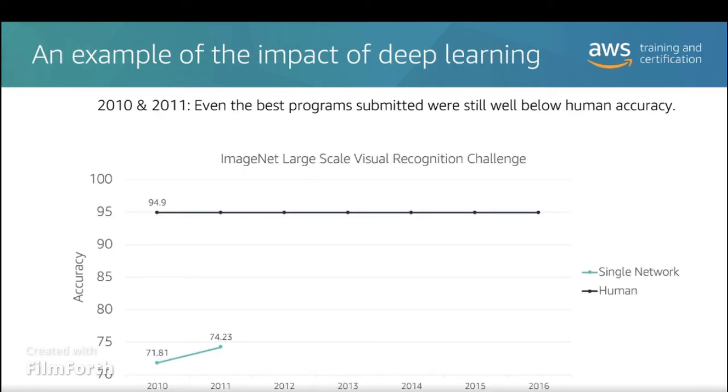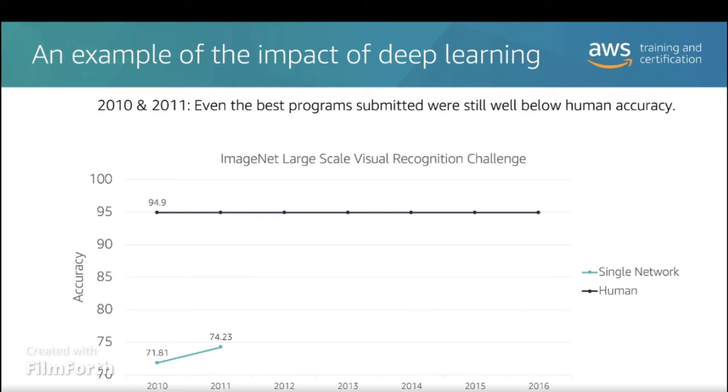Again, the premises for deep learning started in the early 20th century, but the impact of improvements made in the field was really felt in the early 2000s. The big shift began with the ImageNet Large-Scale Visual Recognition Challenge, which is a competition where research teams submitted programs that classified and detected objects and scenes in photographs. In 2010, the first year of the challenge, the winner of the challenge had a model with an accuracy rate of 71.81%.